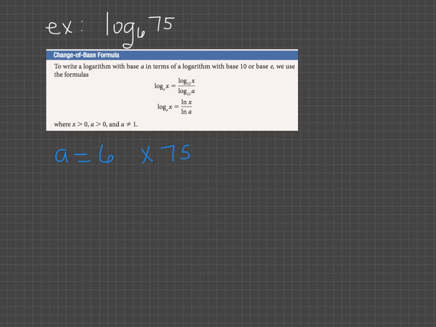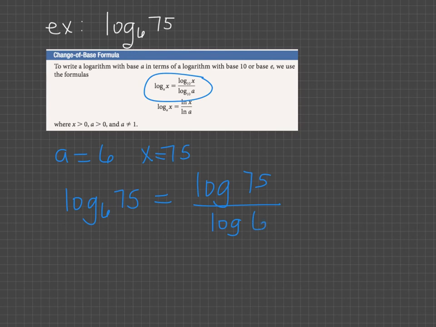Let's go ahead and use the common log. What the change of base formula says is that we can take log base 6 of 75 and convert this into common log of what x is, 75, divided by common log of what a is, which is 6.